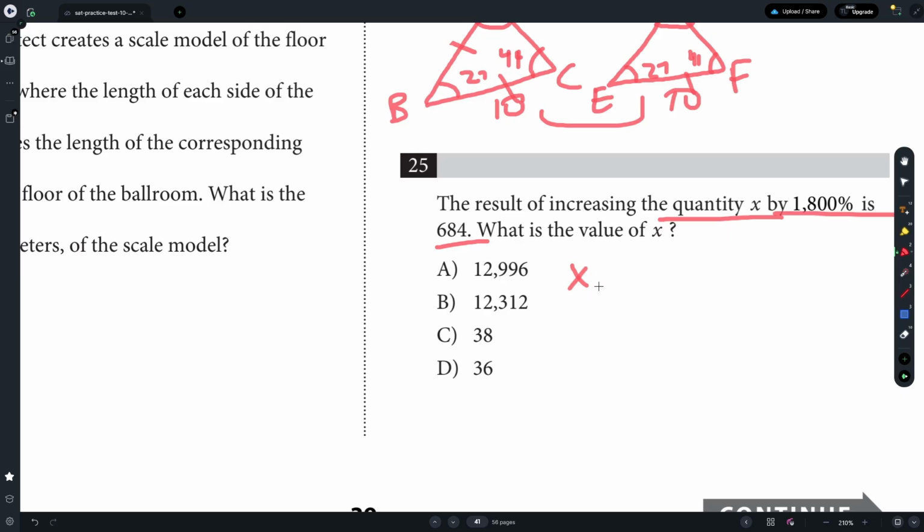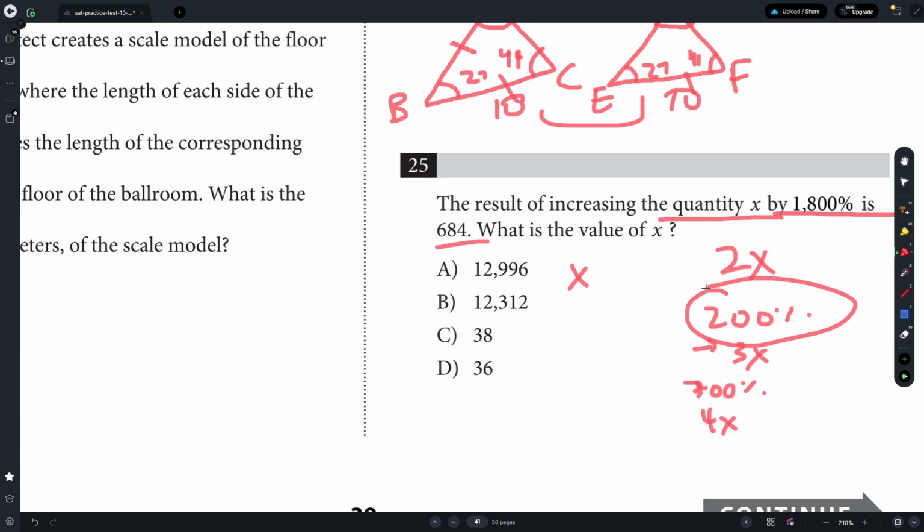Increasing X by 0% would keep it at X, right? So increasing by 100% would mean it would be 2X. 200% is 3X. 300% is 4X. You can see a pattern: if it's 200%, it would actually be 3X instead of 2X.